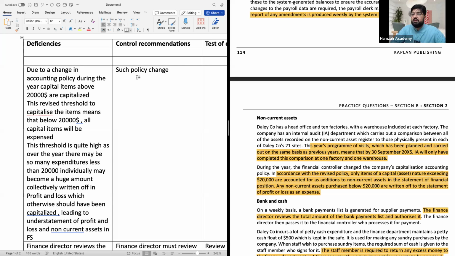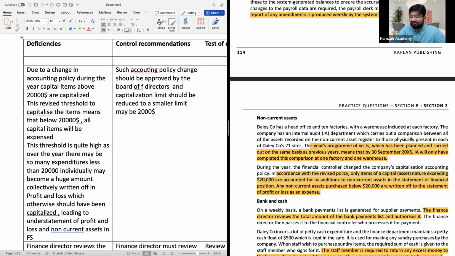Such a huge policy change should be approved by the board of directors, and the capitalization limit should be reduced to a smaller limit, maybe $2,000. Yes, that's it. This is our recommendation.